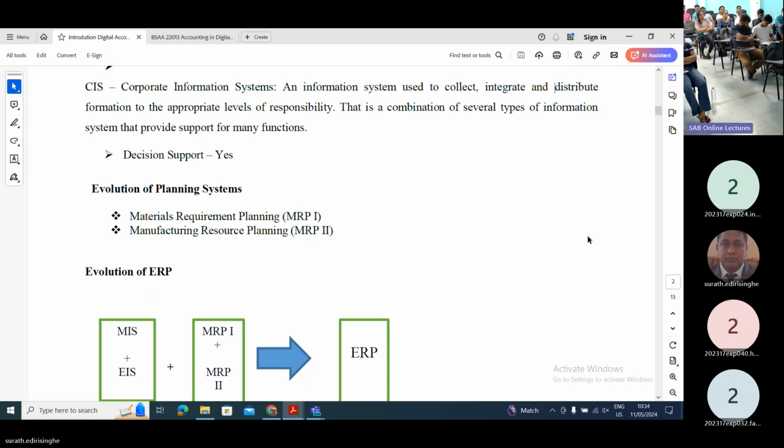So the system calculates the total finished good requirement, 1,000 items. Based on these 1,000 items, what is the total requirement of raw material 1 and raw material 2? This is my point. The system generates it.